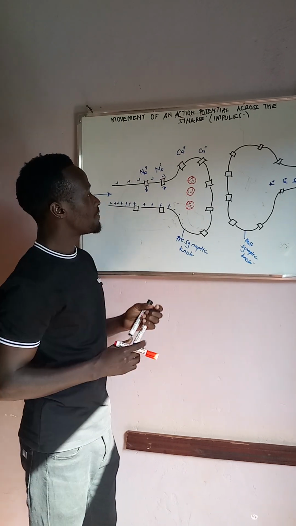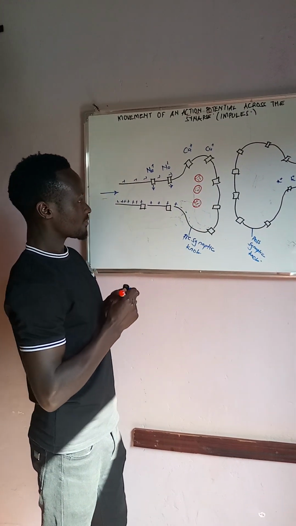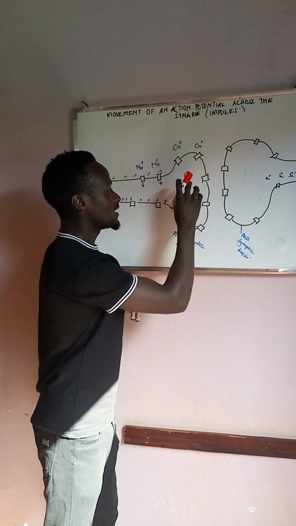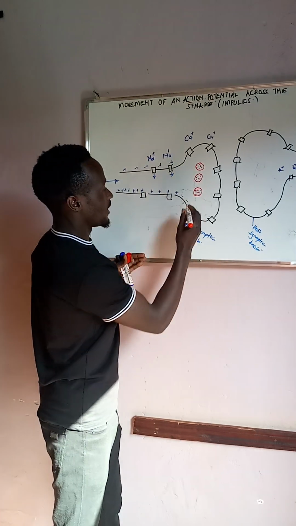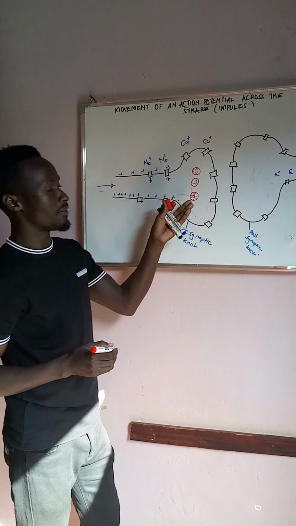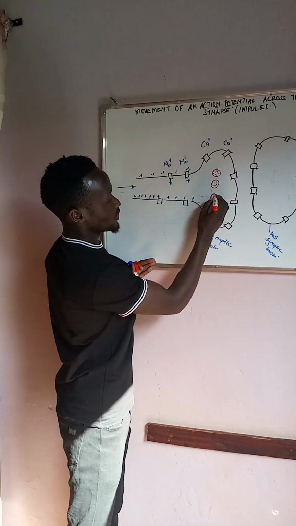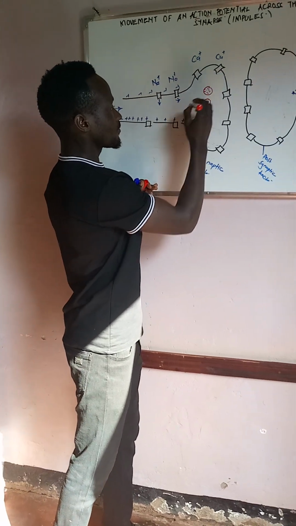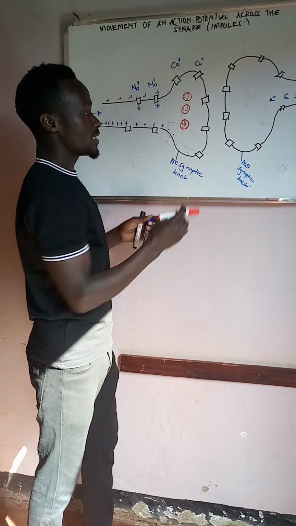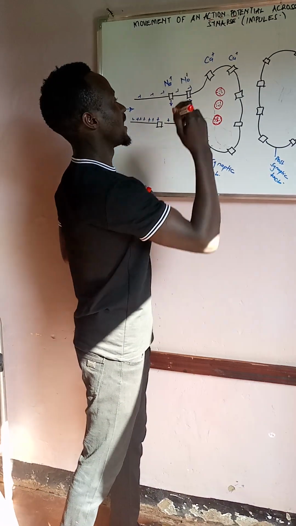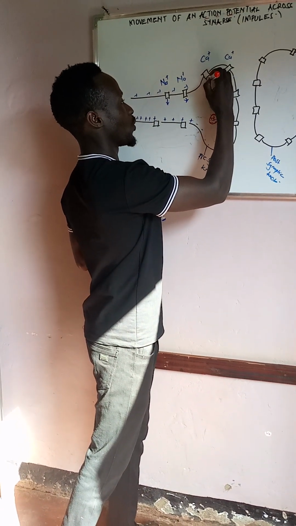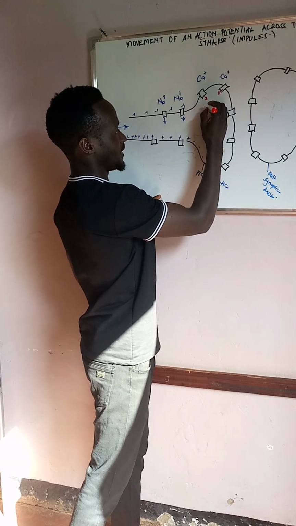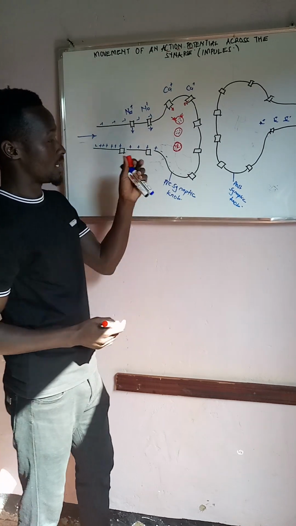So when an impulse reaches here, the neurotransmitters are enclosed within vesicles. So inside here, these are our vesicles. They are enclosed in a vesicle, and the impulse will force the calcium channels to open up and allow calcium to enter inside.